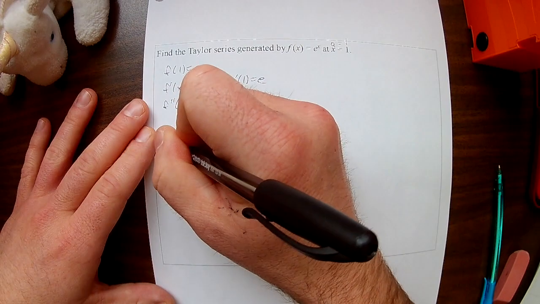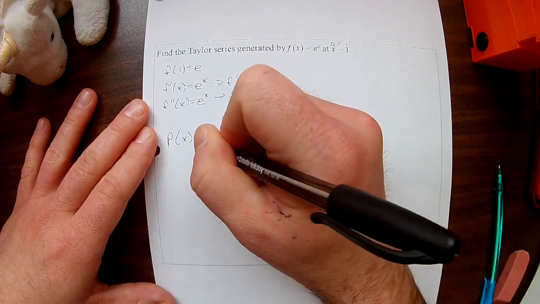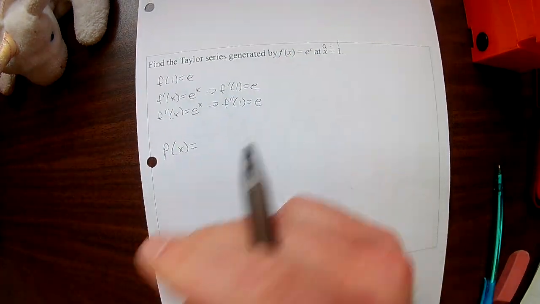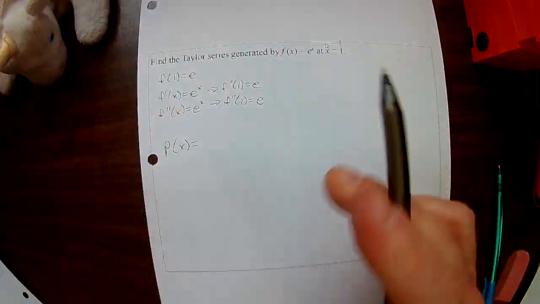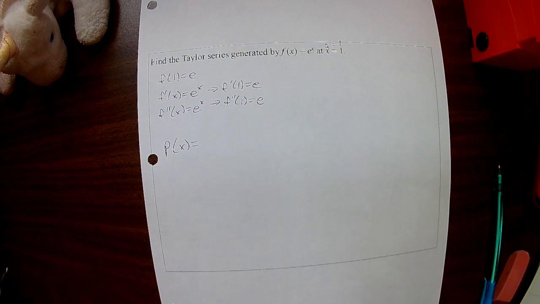So therefore, my Taylor polynomial is going to be, let's see, just using my formula, and you can hear the shuffling of the paper because I'm going back to this. I've got f of a.